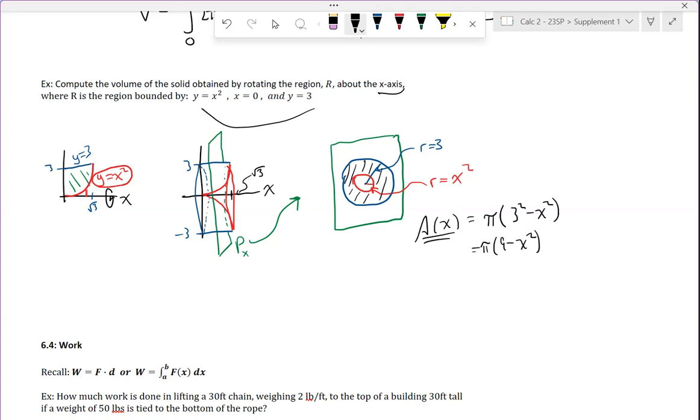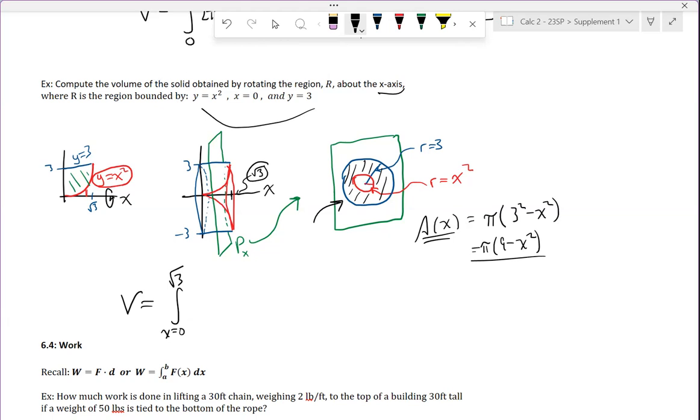That's my cross-sectional area. And remember, with the disk or washer method, this one looks more like a washer than a disk. Our volume is the integral. We start adding these washers starting on the left at x equals 0. We continue adding washers until x equals √3.